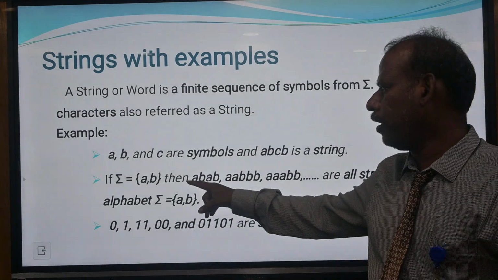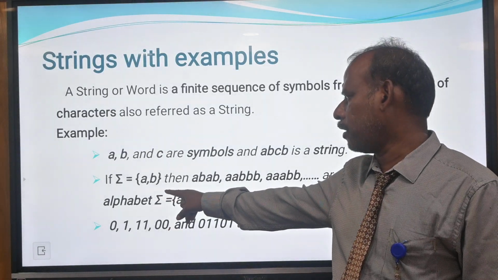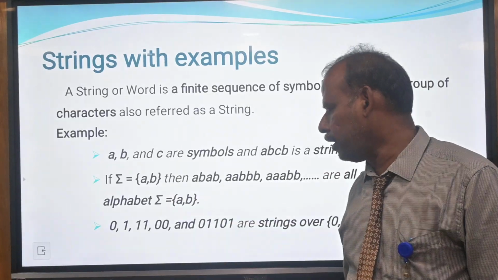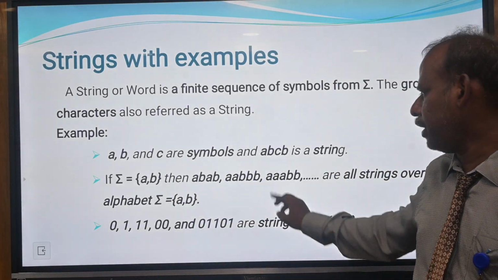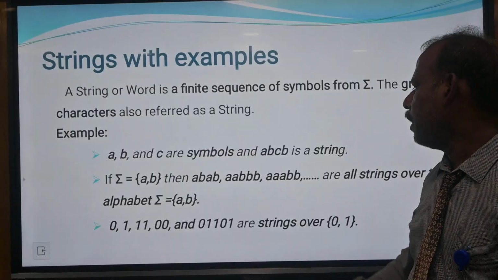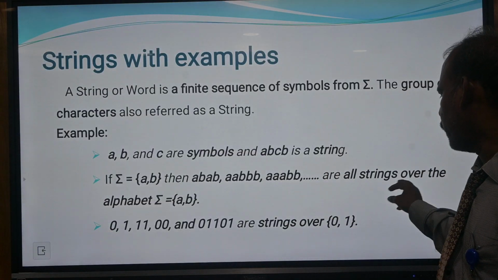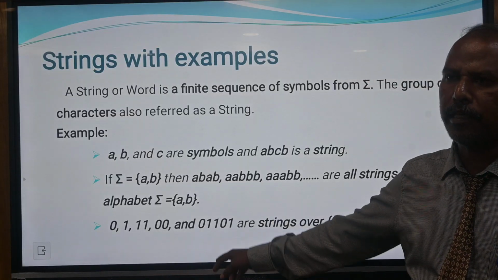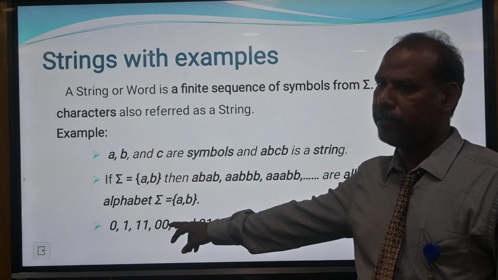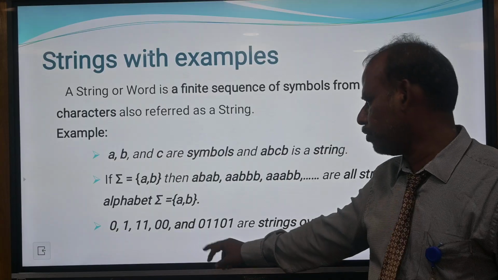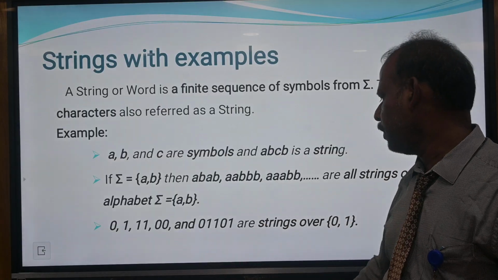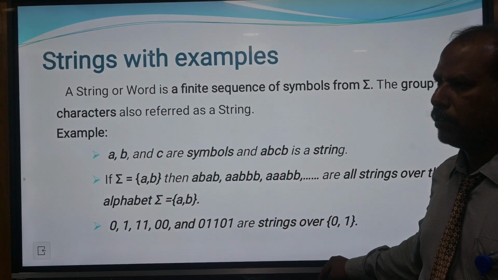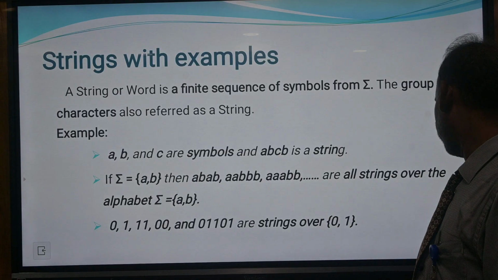Another example: given a language with input symbols A, B, they can be formed as A, B, A, B, A, B, B, B, and A, B, B, B. Like that, these are strings over the given alphabet. Another example is numbers, 0, 1, 1, 1, 0, 0 and 0, 1, 1, 0. These are strings over the input symbols 0, 1.